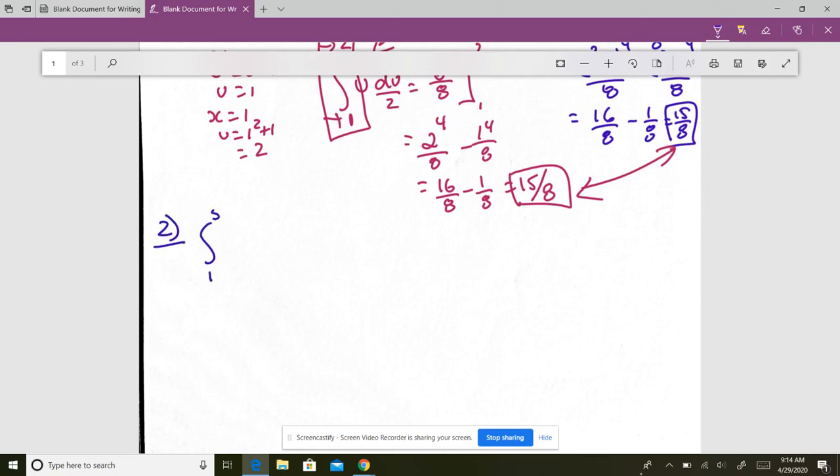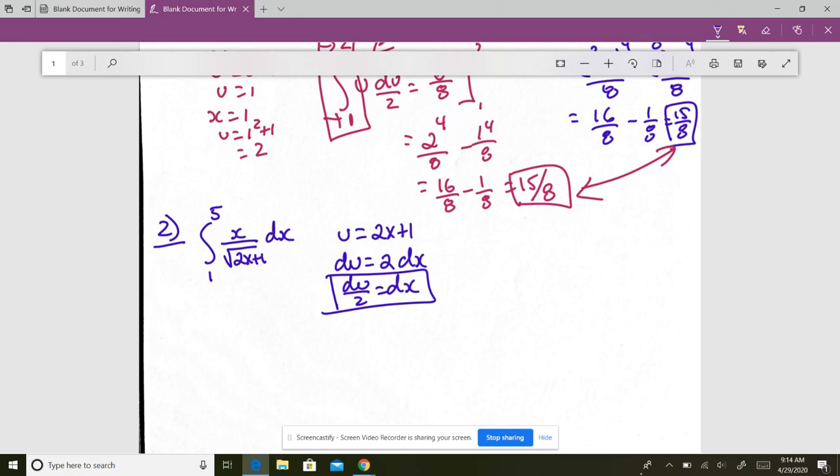The integral from 1 to 5 of x over the square root of 2x plus 1 dx. So what's our substitution going to be? We always try what's in the radical first. u equals 2x plus 1, so du is equal to 2 dx, so du over 2 is equal to dx. So I've gotten rid of the dx.